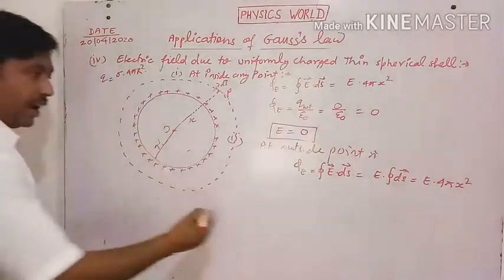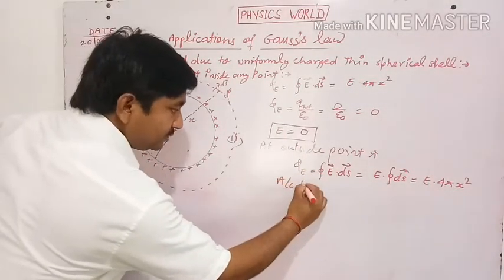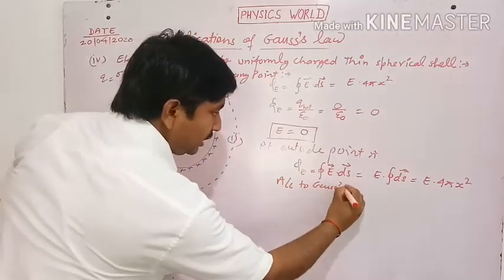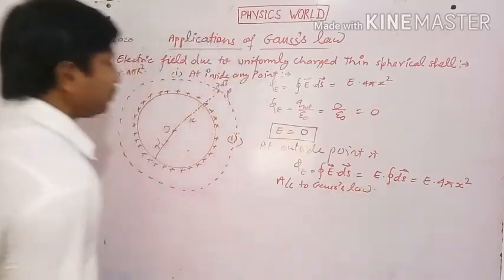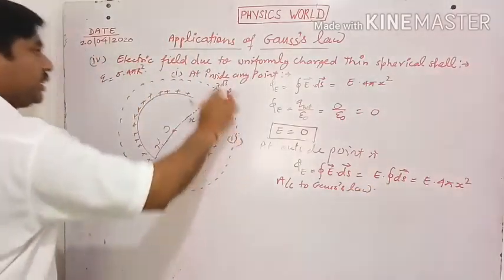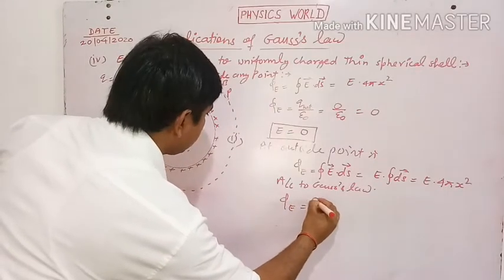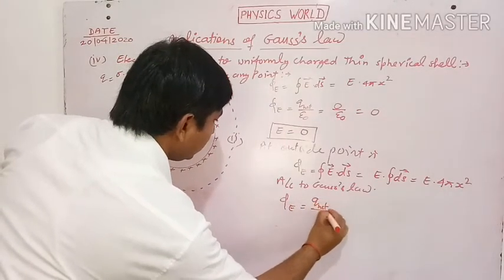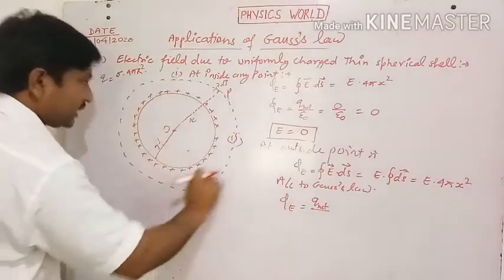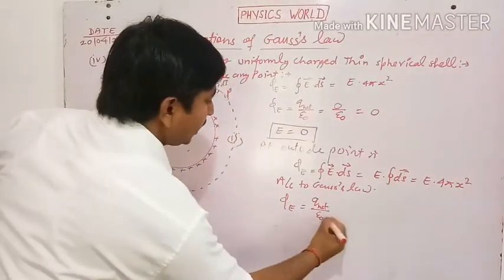And according to Gauss law, what will be the total electric flux passing through this whole Gaussian surface? That is the total Q net enclosed by this Gaussian surface divided by epsilon naught.